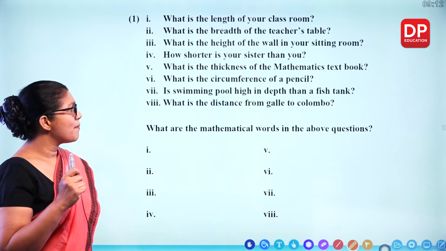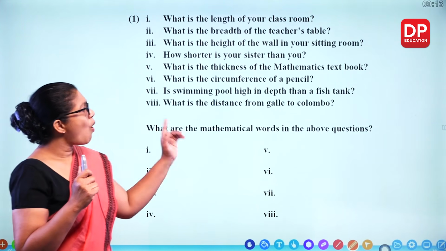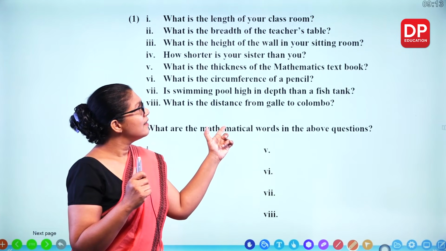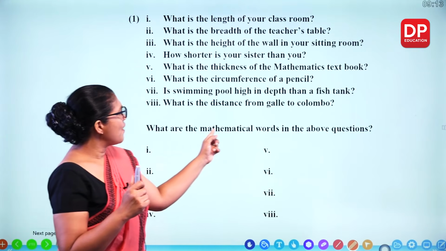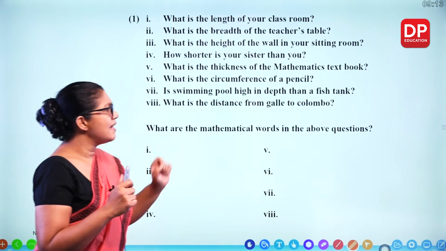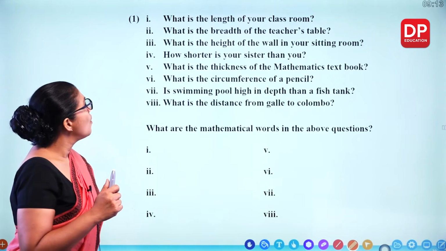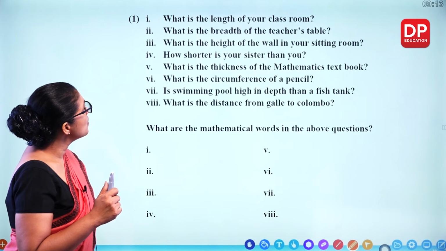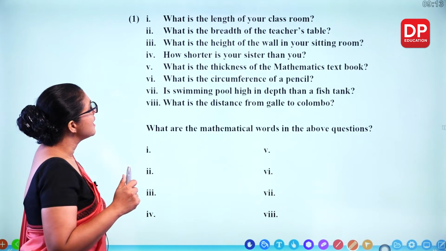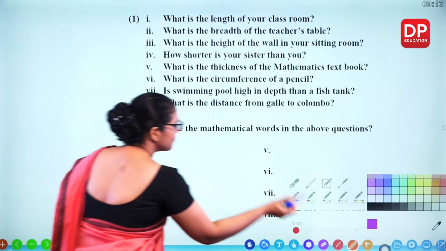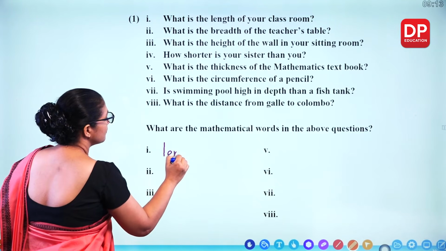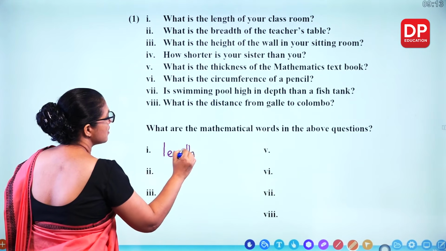So what can you say about this? So all these are related to one thing. So what are the mathematical words in the above questions? When you take mathematical words, that's length, in the first question.